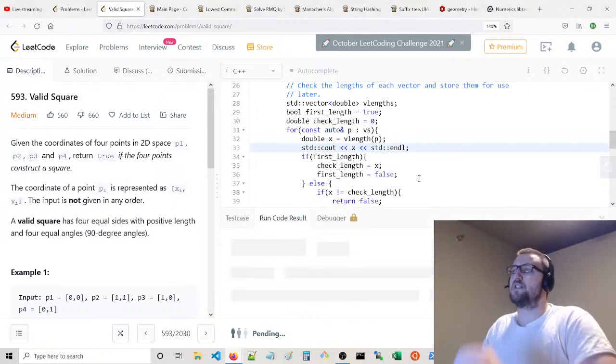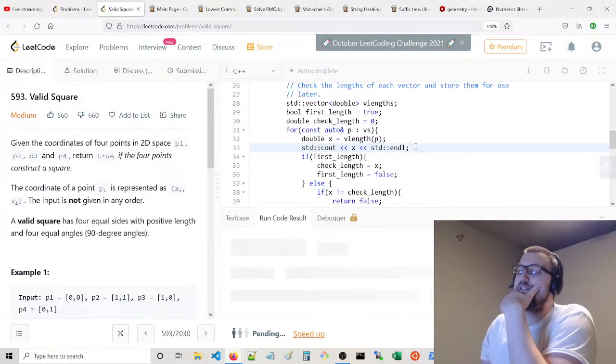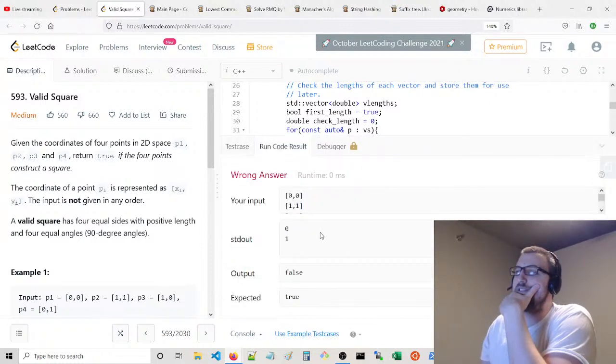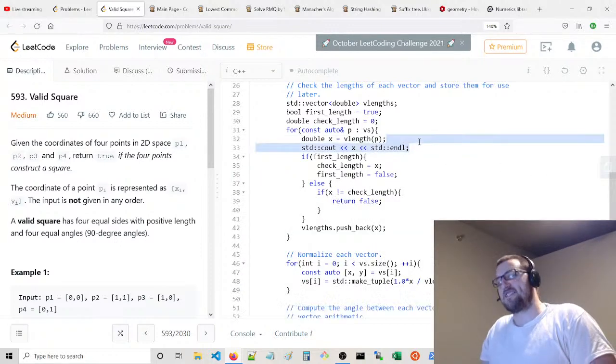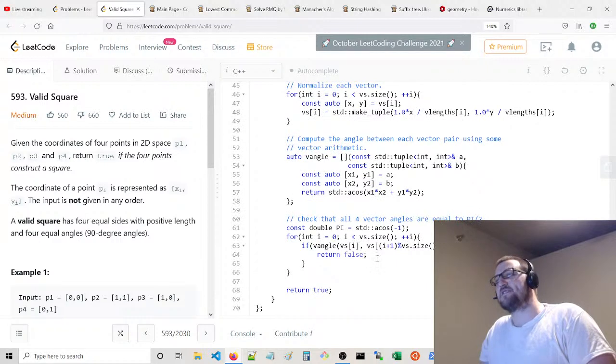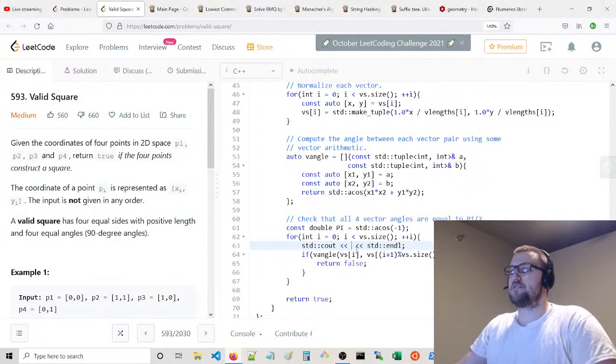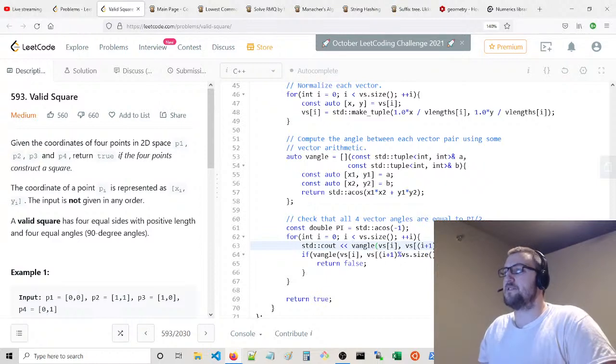We should get all 4 of these lengths for starters. 0, 1, that's where it's breaking. And then you also need each of these angles. We can calculate it twice, that's not a big deal.